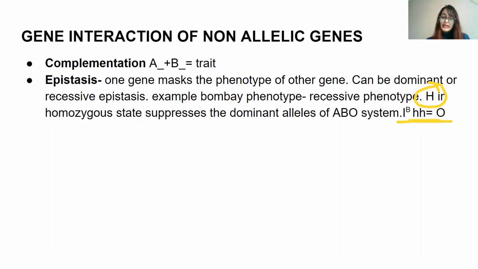So here you can see when h was present in a recessive state, it didn't let the B express itself, so the blood group was O. However, if it was this case, like IB and capital H and small h, this gene would not be able to mask the expression of B blood group. So the blood group will be B in this case only. Only when the h is present in recessive state, it can mask the expression of the ABO system.